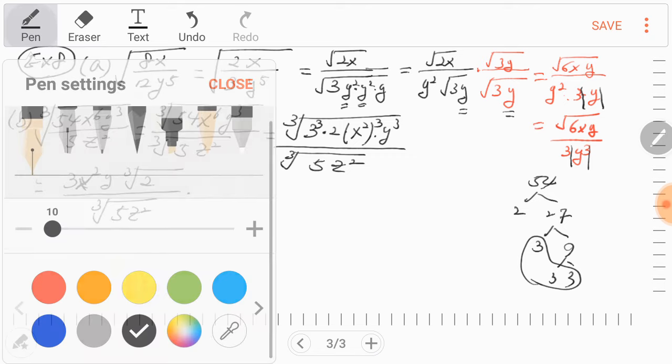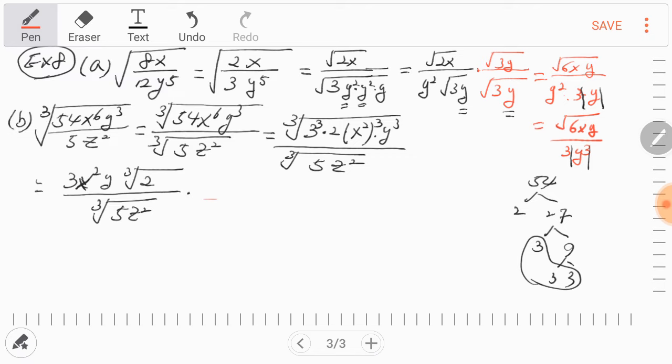Okay, now let's rationalize the denominator. When we rationalize the denominator, find the factors. How many of the factors should be multiplied? Since this is a cube root, the exponent of 5 is 1, so we need 5 squared. And the exponent of z is 2, so we need one more z. So multiply cube root of 5 squared z to both top and bottom.